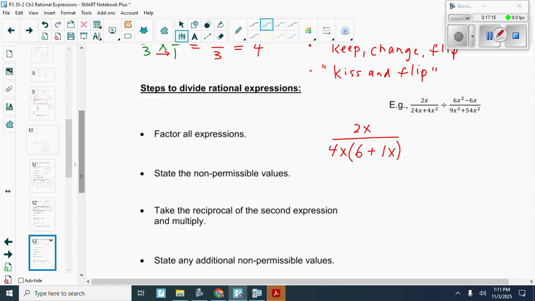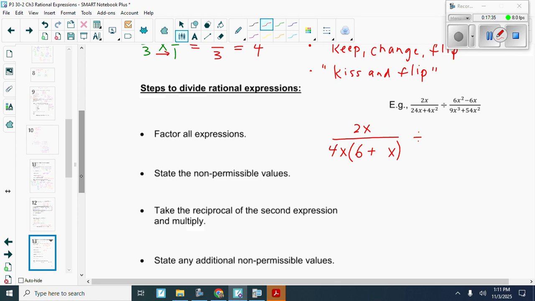The 1 is optional, obviously there's still 1x whether I write the 1 or not. So you can just write 6 plus x. You're still going to write the division sign. We're not changing anything yet. In this step, we're only factoring.